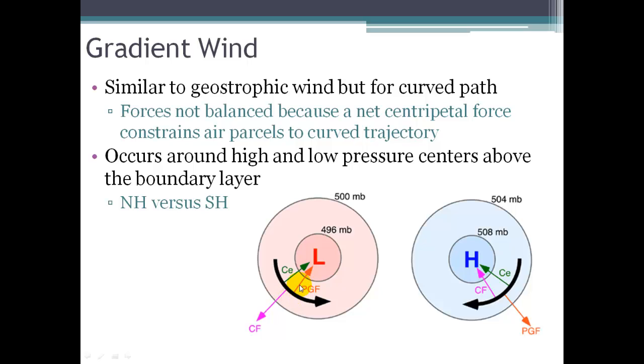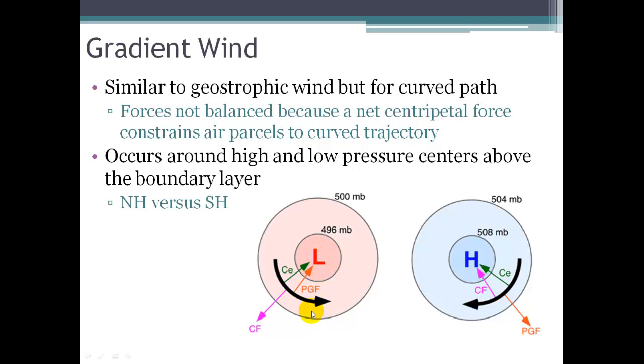But as we saw, as soon as it starts to move, the Coriolis effect deflects that wind flow to the right. So we end up with a flow that's going to be parallel to the isobars. But this time, because we have a cell of low pressure, we also have the centripetal force, which is the CE, the green line here, that's pulling that air parcel inward.